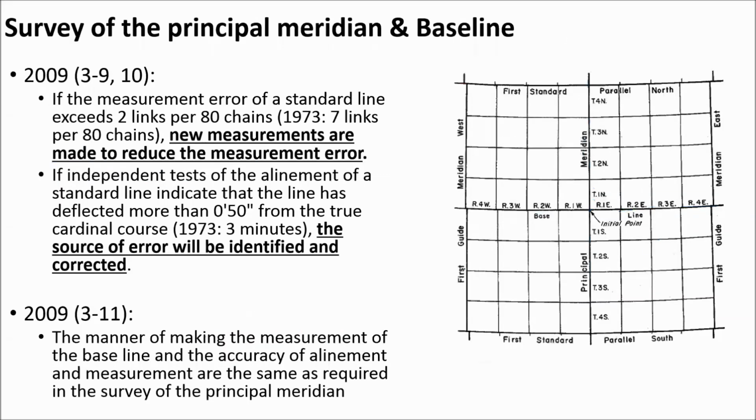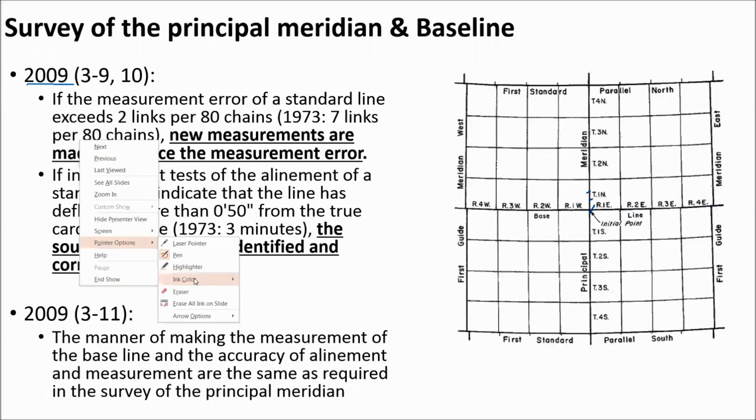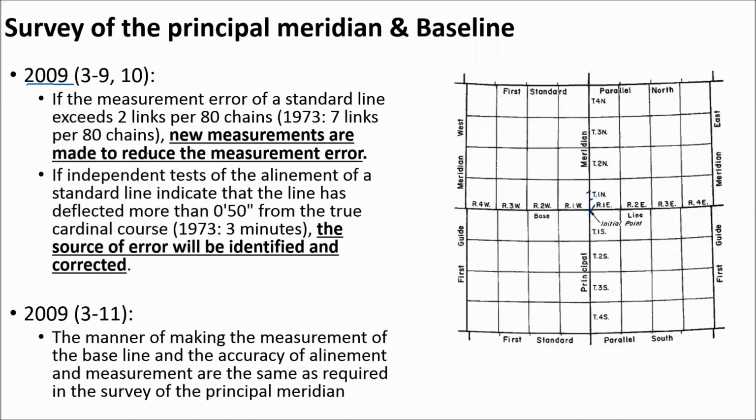First thing is, according to the 2009 manual, which is the manual we are working with, and I also have the 1973 manual, what does it say? If the measurements between these monuments that are set exceed a certain limit, and the limit here is provided for us by the manual, what is the limit? 2 links per 80 chain.